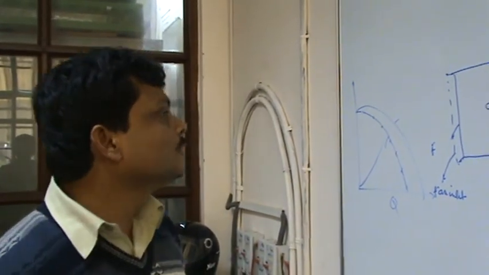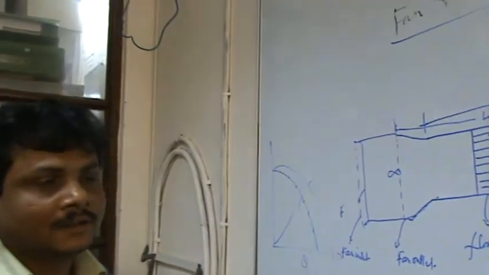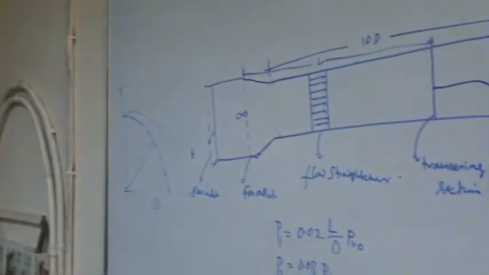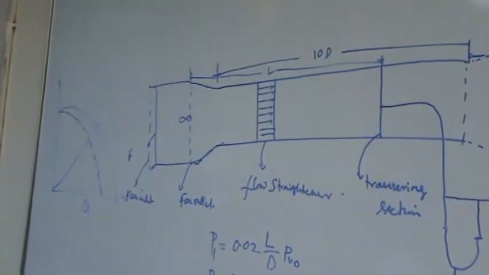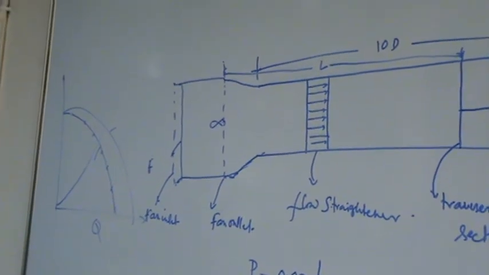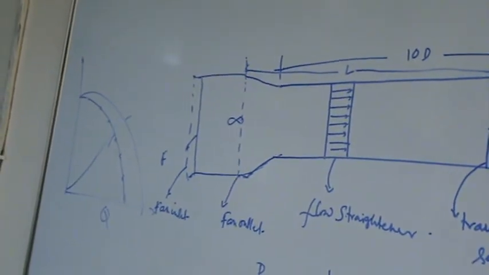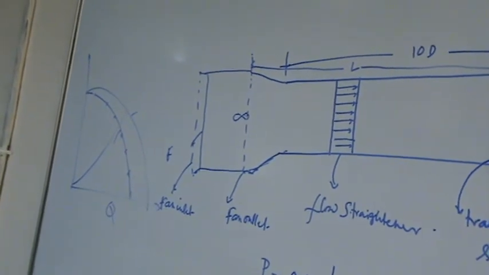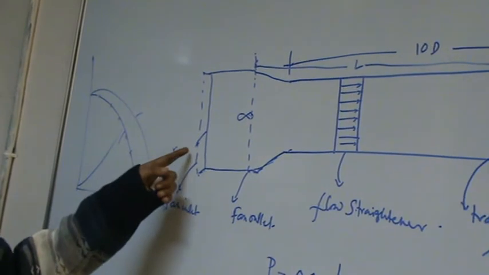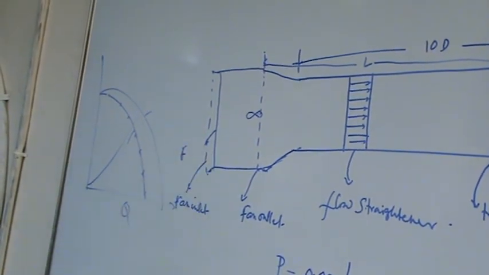Now to find the input power to the fan, we can assume a certain motor efficiency, and once you know the motor efficiency, the input power multiplied by that motor efficiency will give the power input to the fan.